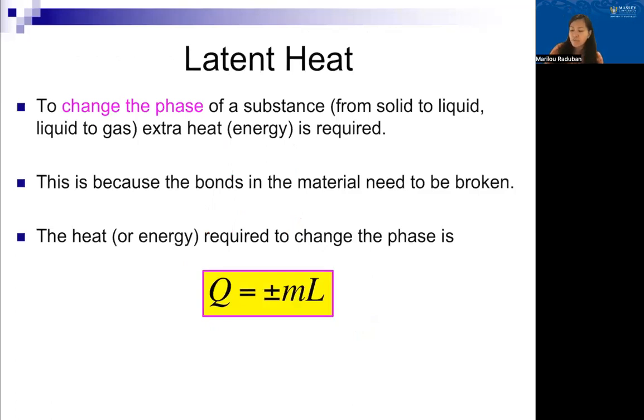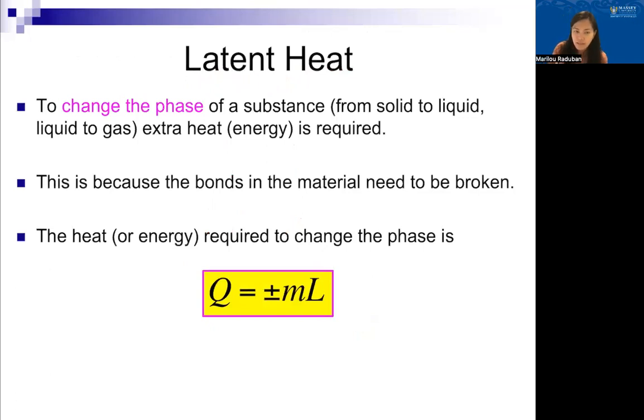The phase change of a material is influenced by its property called latent heat. We'll talk more about latent heat as a property of the material in the next slide.